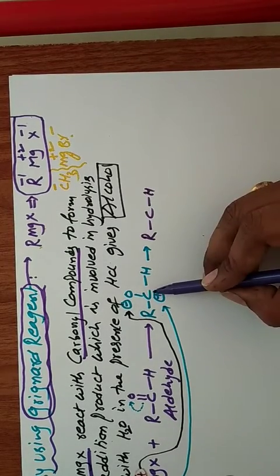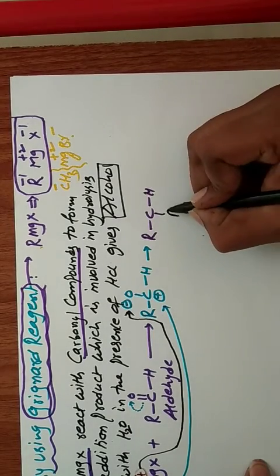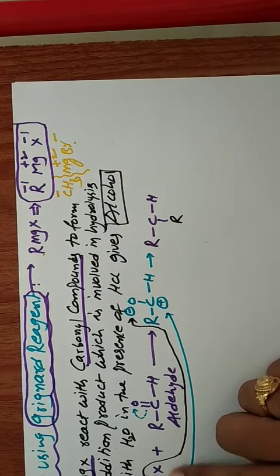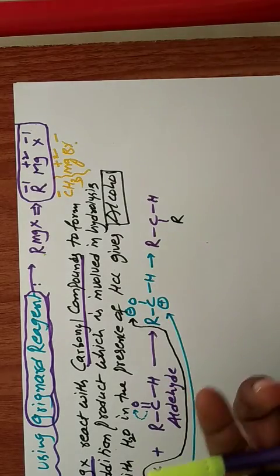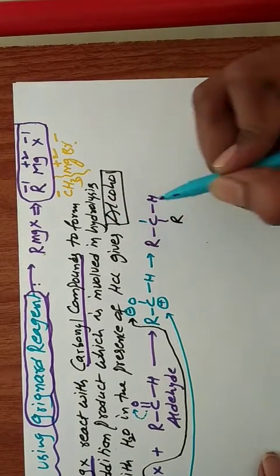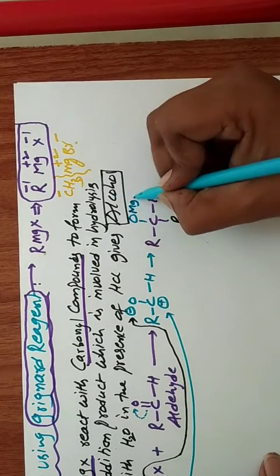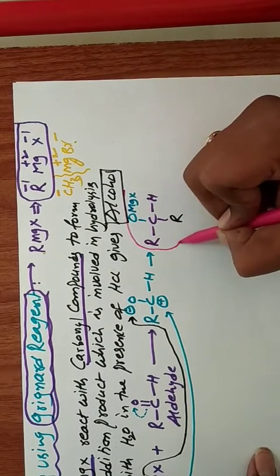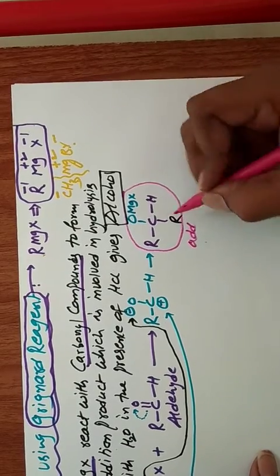Oxygen is attached to MgX, this total part, because of opposite charges. Bond O MgX. This is the addition product.